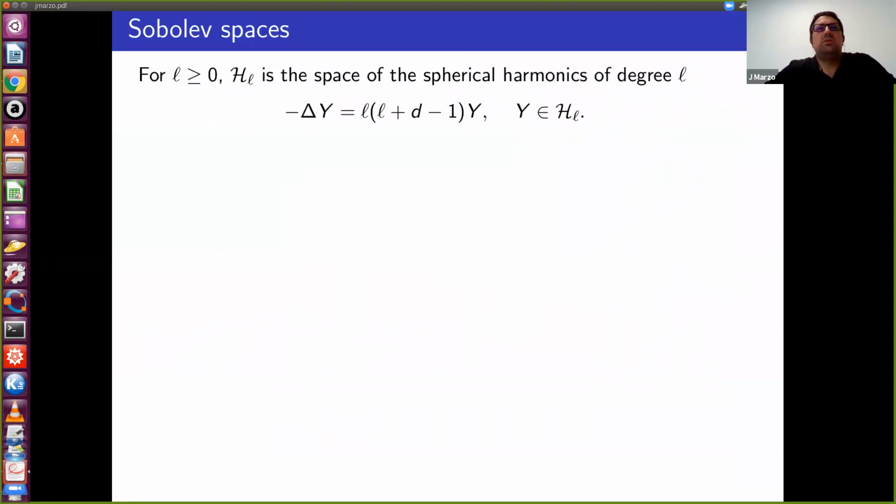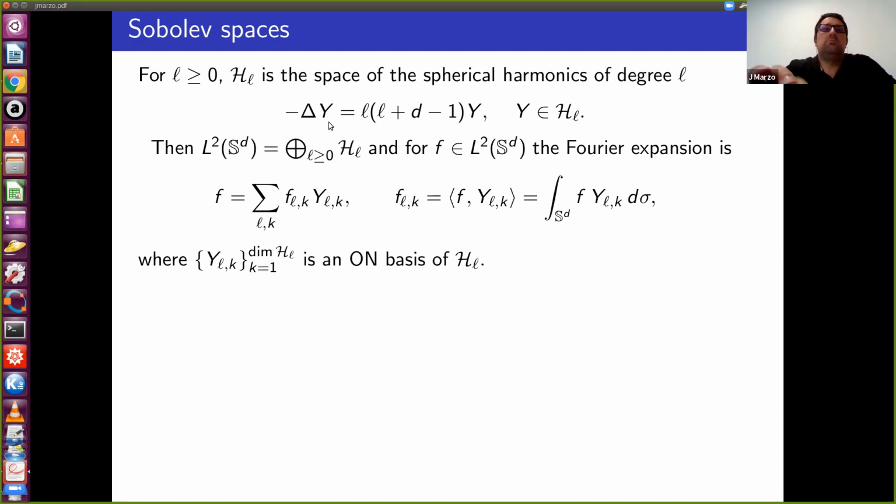Well, just the definition. So I'm going to define these Sobolev spaces on the sphere, and for this you can do the following. If you consider H_L the space of spherical harmonics of degree L, or if you want the eigenvectors of this eigenvalue, so these are these H_L's, then you can decompose L2 in this orthogonal sum and have some Fourier expansion.